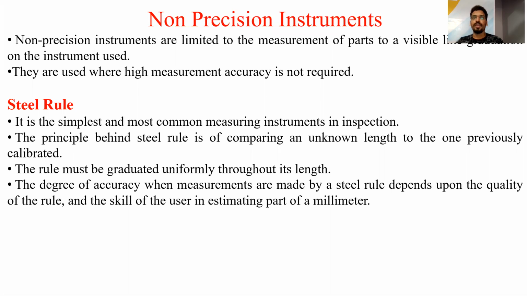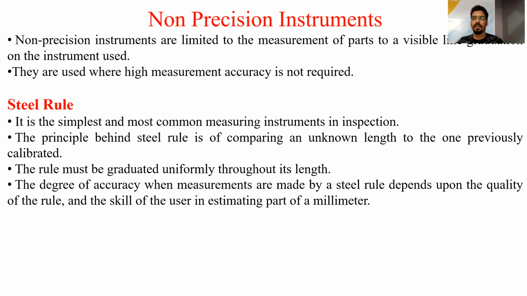So the accuracy of non-precision instruments is very low, or we can say that the least count of the measuring instrument is not very low. It can measure up to the smallest value of 5 mm or 2 mm.